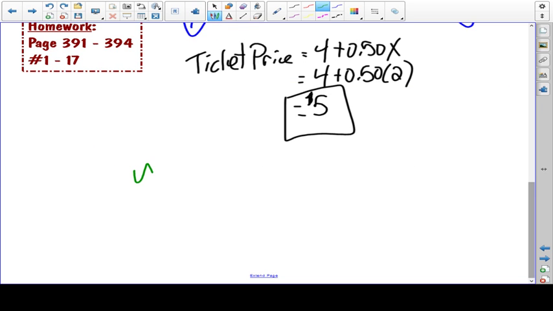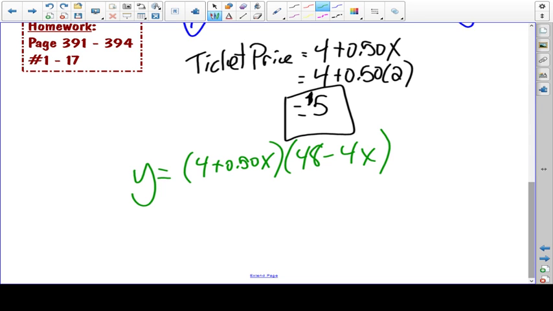The equation we had was y equals (4 plus 0.50x)(48 minus 4x), and x equals 2 is the x coordinate of the vertex.